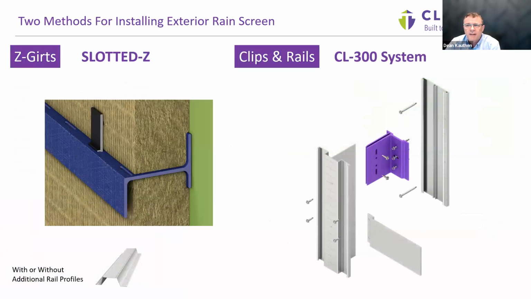And the two systems that we're going to talk about today would be a fiberglass Z-girt called the slotted Z, and the insulation securement with that system is done with this little clip that we call the rocket stick. And then we also have the clip and rail system, which is the CL300.